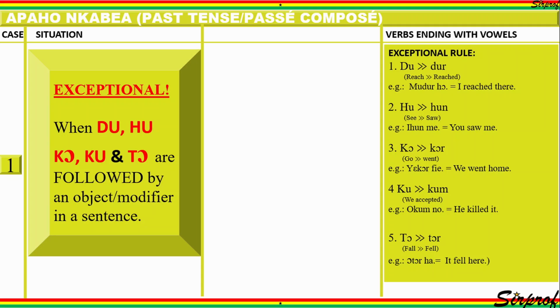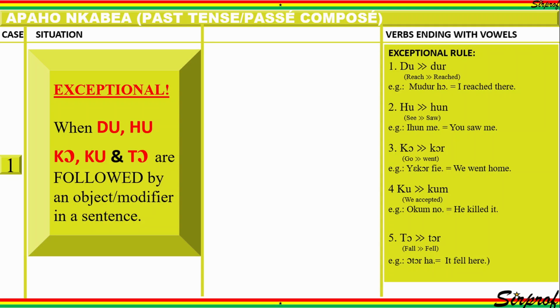Do, the past tense becomes do. Example: mudur ho. The past tense becomes hun. Ihun me. Ko. The past tense becomes kor. Yakor fi.